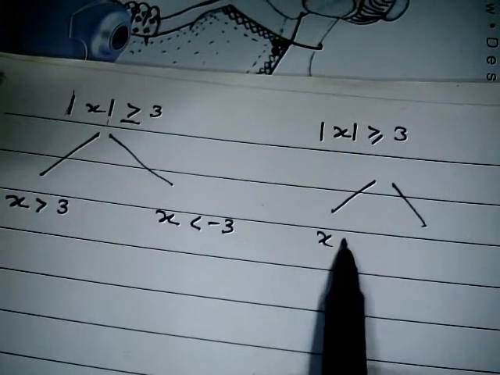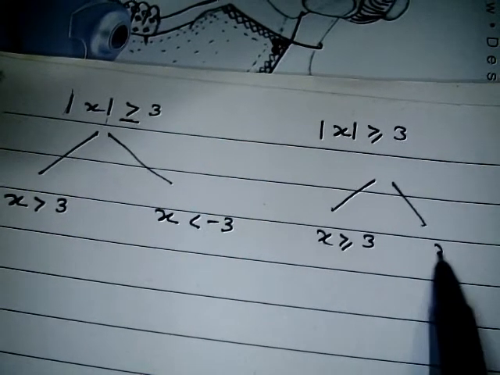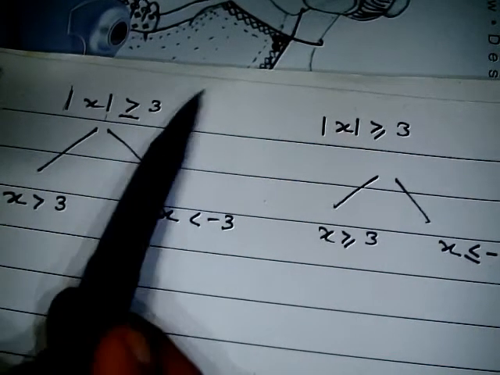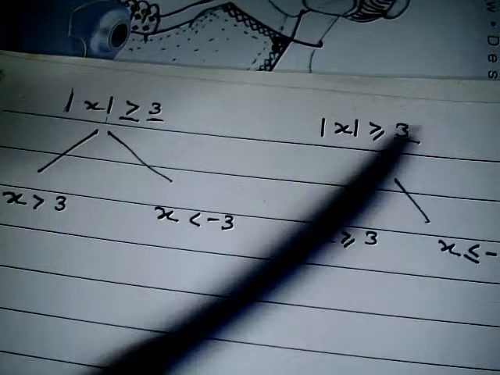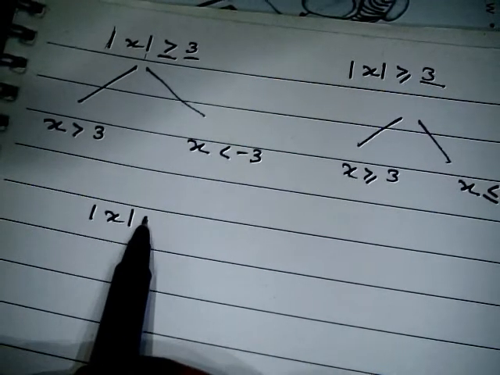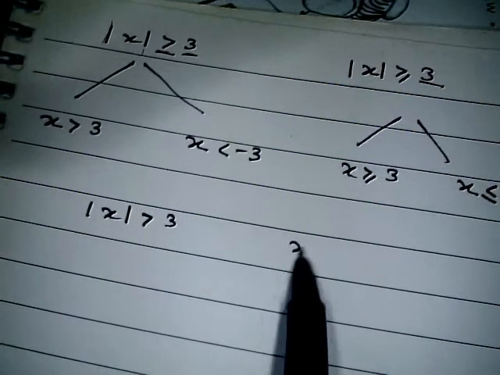But the number on this side should be positive. Suppose modulus of x is greater than 3 or modulus of x less than -3, whatever, greater than or equal to, less than or equal to.